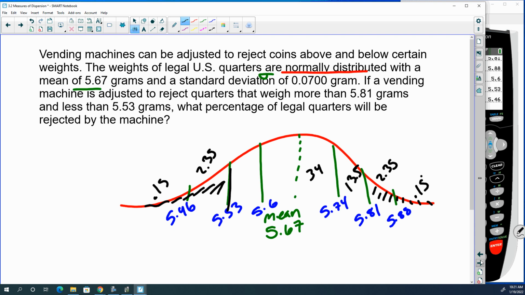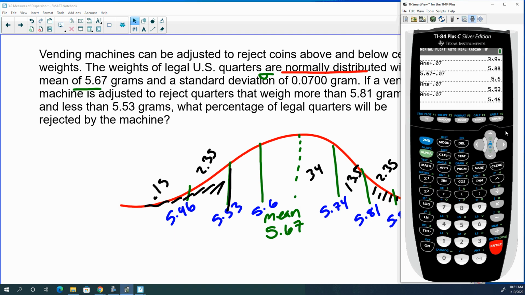Okay, and I don't really care about those other ones because they weren't shaded. So to answer this question, I just find the percentages in that little shaded section that it cared about. So I would just add them together. I have the 0.15 from this lower end, plus the 2.35, and then plus the 2.35 at the top, plus the 0.15 from the top. I'm missing a plus sign in between these two over here. And then I just add those together. So I'm expecting the machine to reject 5% of legal coins because they're not within what they put it at.